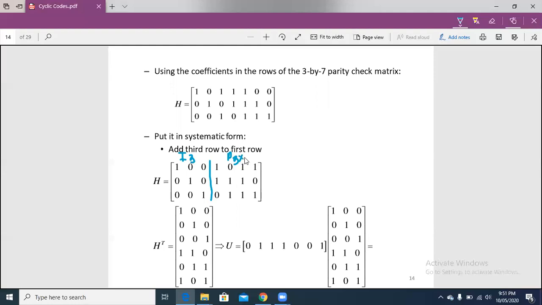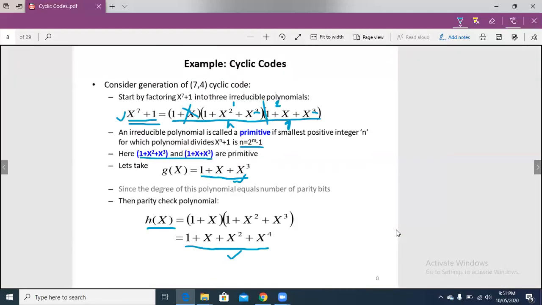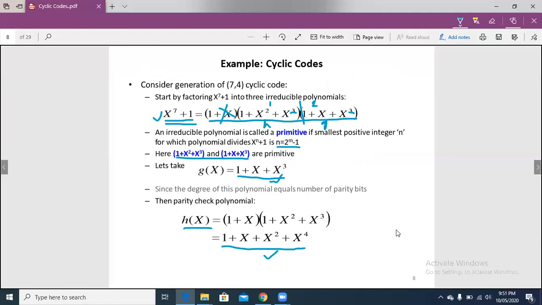So we take the transpose of this parity check matrix and then multiply it by this code word. So we will get the answer 0. So this is how we can relate this cyclic code word of 7-4 with a 7-4 linear block code.